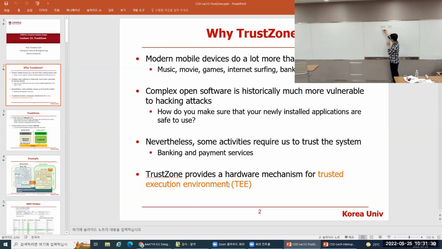And AMD is also providing secure architectures called SME, secure memory encryption, and SEV, secure encrypted virtualization. And RISC-V is an open architecture.